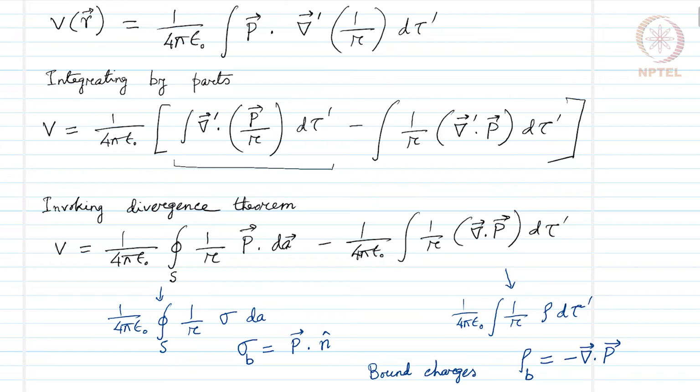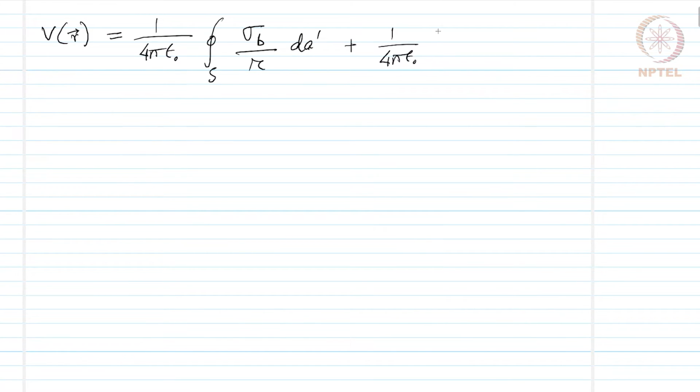And if we write this way, then in terms of these bound charges, the potential can be expressed as a function of the position vector: 1 over 4 pi epsilon naught closed surface integral of sigma b over r dA prime, plus 1 over 4 pi epsilon naught integration of rho b over r d tau prime.